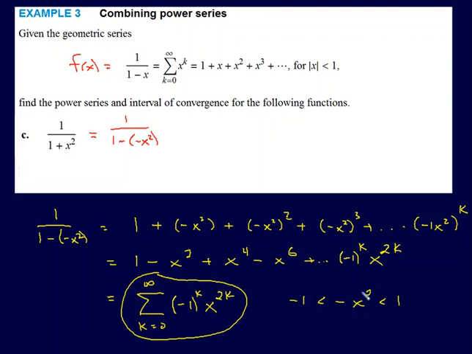If you think about that, if x is in fact between -1 and 1, x squared will definitely be between 0 and 1. So it looks like the interval is still going to be the same. x can be between -1 and +1, and that would then cause negative x squared to also be between -1 and +1. So the interval stays the same here.